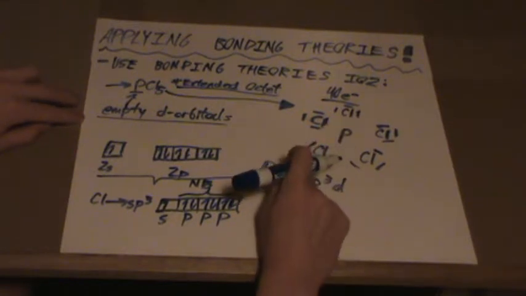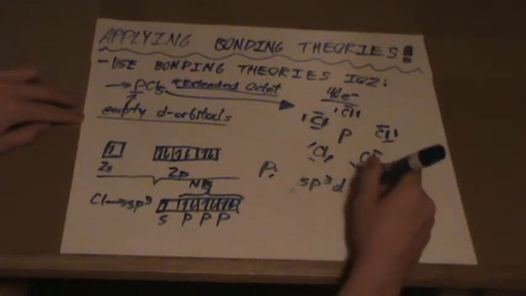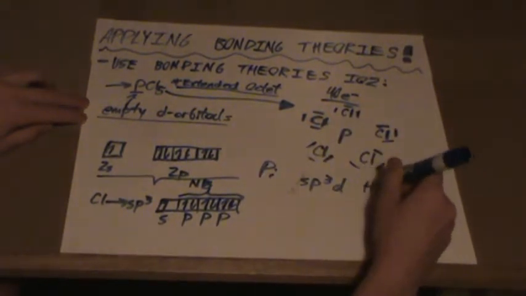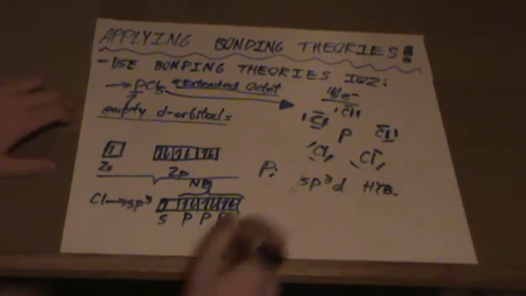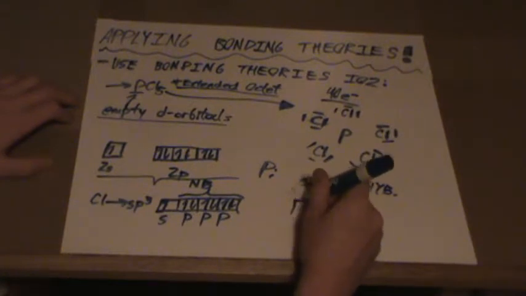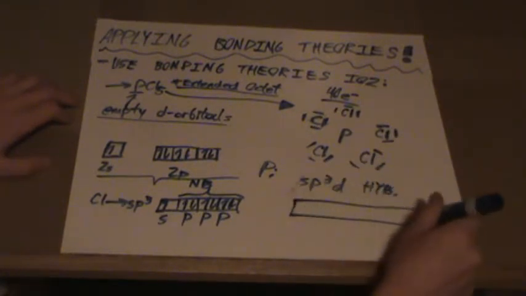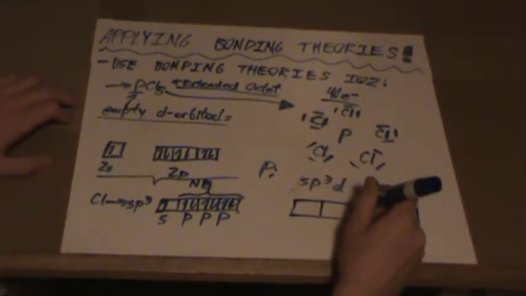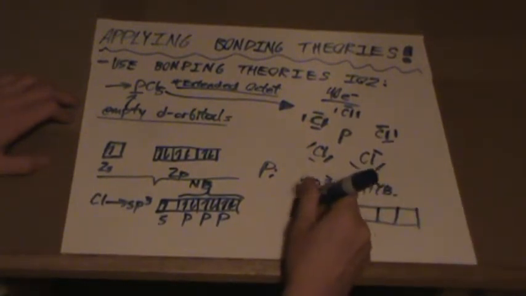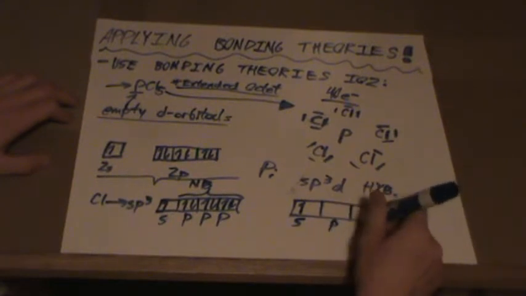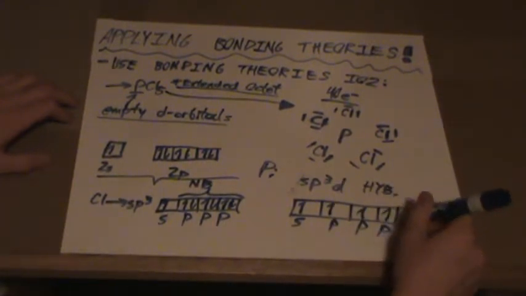Because it's in the 3rd energy level, we can really get rid of that prefix. And it looks like this, with its 5 orbitals, because it's got its s half full, p's half full, and then its d half full.